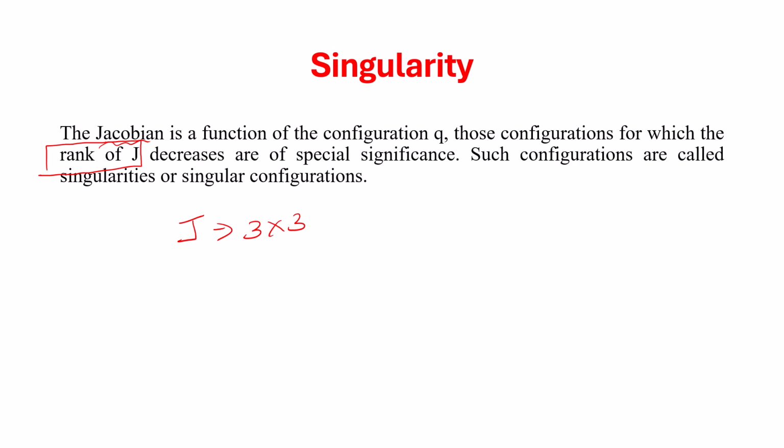If the rank of the Jacobian matrix is not equal to 3, that is, it is not of full order, then we say that this manipulator will have some singular configurations, or singular points. There are certain values of q which will lead to the singularity condition of the manipulator.